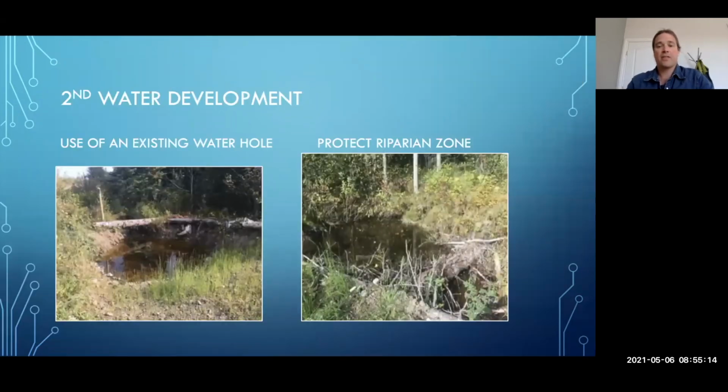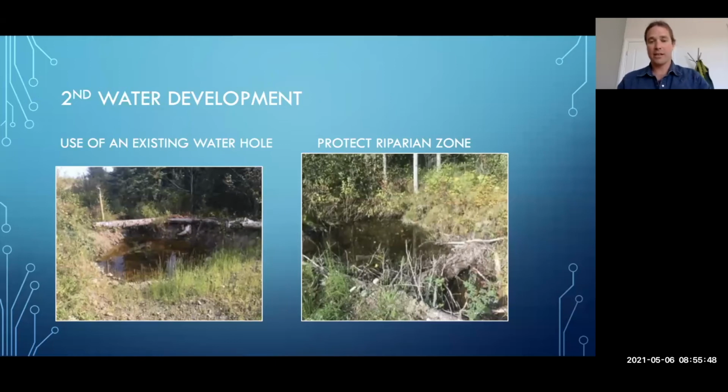And then the second development. Between the two identified developments, there was a water hole along the side of the road that was used for taking water to reduce dust on the road during harvesting operations. Since it was pretty much right in the middle of the two, we thought it would help with distributing animals between those two water developments if we provided a little bit of access into this water hole, and bolstered up the footing with some gravel.